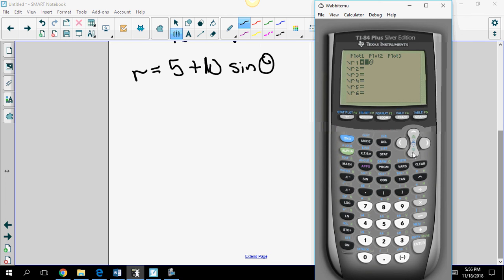So I'm going to go 5 plus 10 sine theta, knowing that sine goes between negative 10 and 10 and 5, so window about negative 20 to 20, negative 20 to 20. Graph.